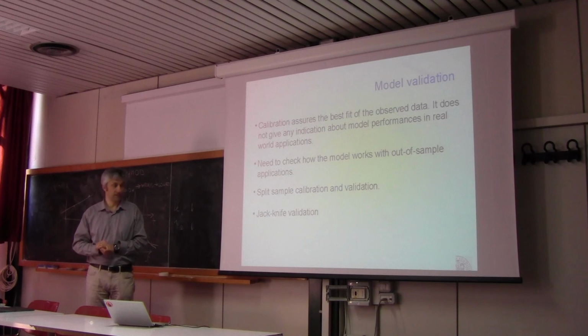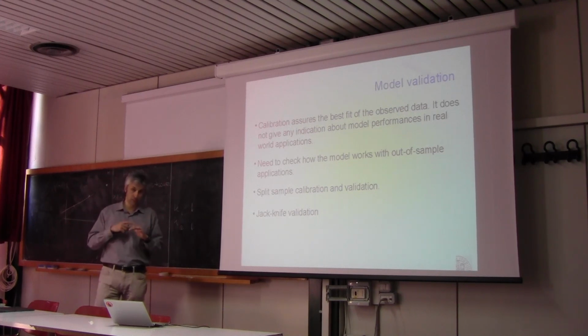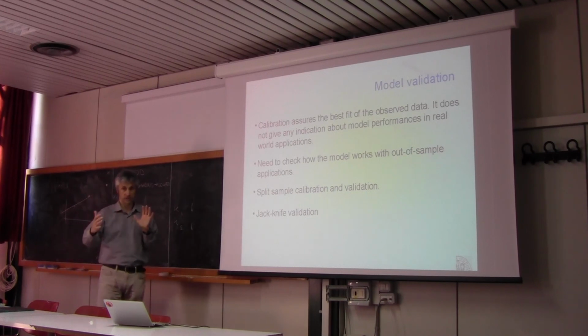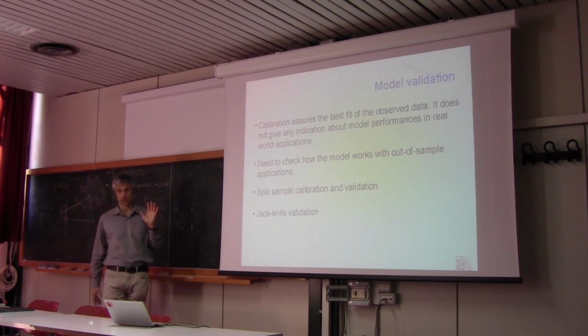But there is also the need to perform validation. So one possible solution is I split the sample, I calibrate the model and I validate it. Then, once I got the confirmation that the model is good, I recalibrate the model by using the whole sample. So basically the split sample is only for making the verification. Then, once the model is verified, I recalibrate it by using the whole sample.